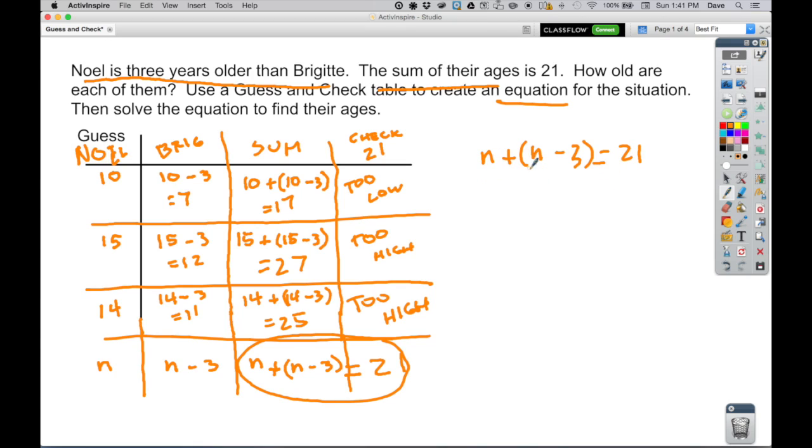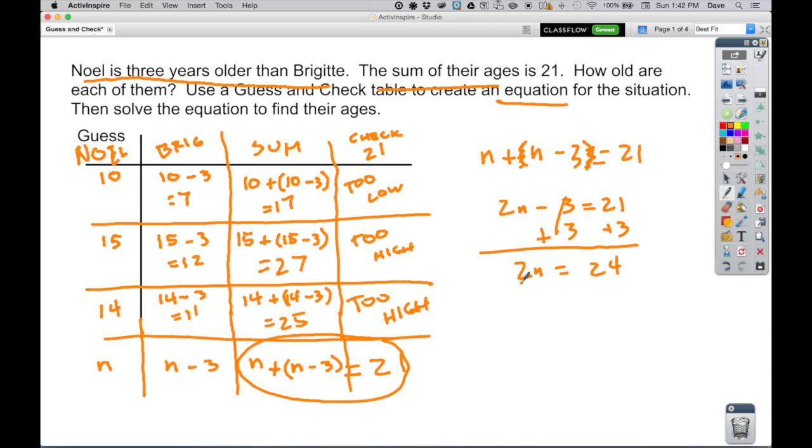So here, there's only a plus sign between the parentheses, so there's nothing to distribute, and we can just ignore the parentheses. We've got n plus n, our like terms, so let's put those together. That's 2n minus 3. Then if I follow my roadmap, the roadmap would tell me to start off by getting rid of the subtract 3 by adding 3. I get 2n equals 24.